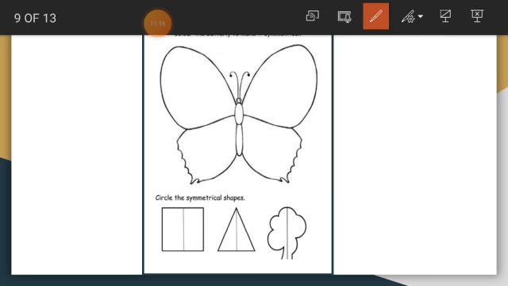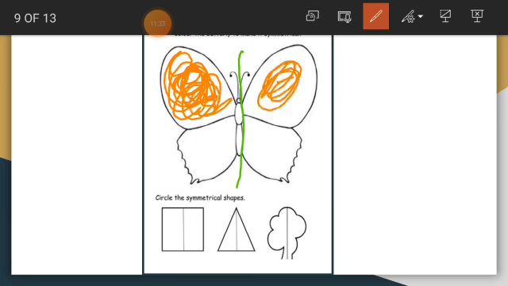Okay, now here I will draw a line of symmetry. Okay, this is a line of symmetry. Now I am going to color the butterfly. Okay, on this portion we will use the orange color. The same color I will do on the other side to make it symmetrical. Okay, both sides should be same.